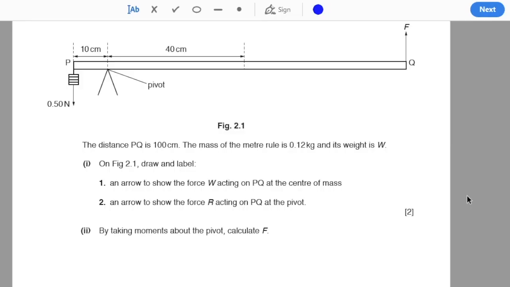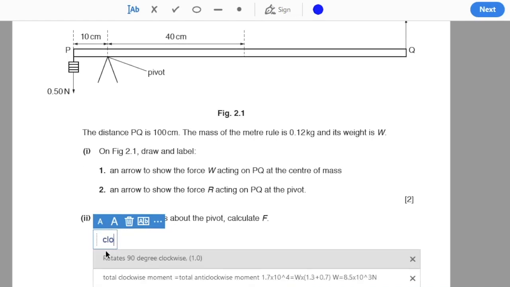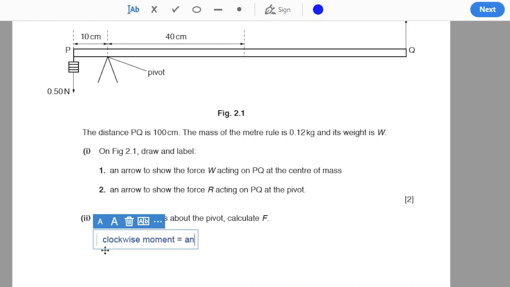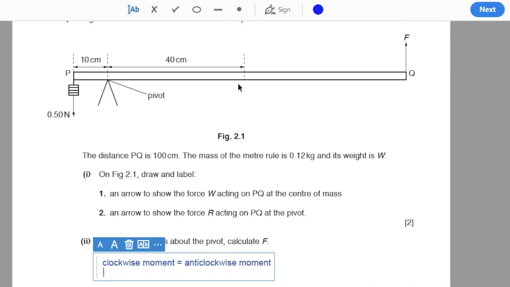Part 2. By taking moments about point P, calculate F. About the pivot means pivot is the turning point, and you have to take all the perpendicular distances from the pivot. So the rule is total clockwise moment is equal to total anti-clockwise moment. From the pivot, our clockwise moment will be the rule's weight, 0.12 into 10, multiplied by the perpendicular distance between the point W and the pivot, which is 0.4 meters.